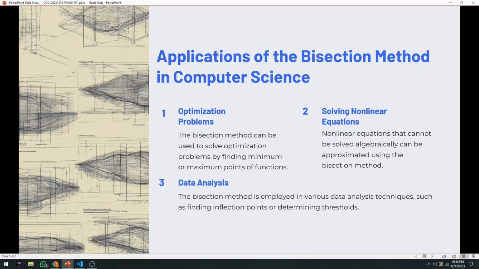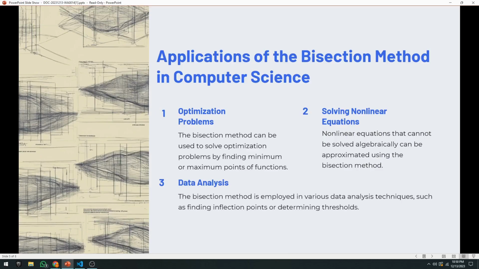The bisection method can be used to solve optimization problems by finding minimum or maximum points of a function. Then solving non-linear equations: non-linear equations that cannot be solved algebraically can be approximated using the bisection method. Last but not least, data analysis. The bisection method is employed in various data analysis techniques, such as finding inflection points or determining thresholds.